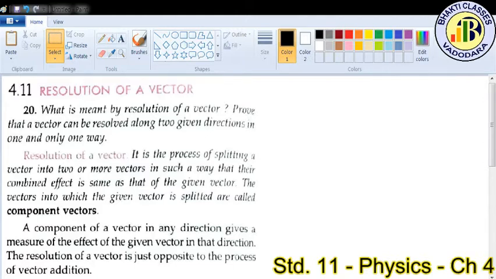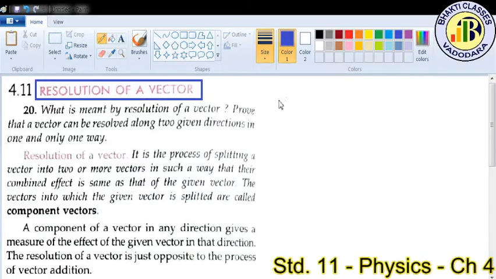Resolution of vector is exactly the opposite process of the composition of vectors. Now first of all, let us define what is resolution of vector.